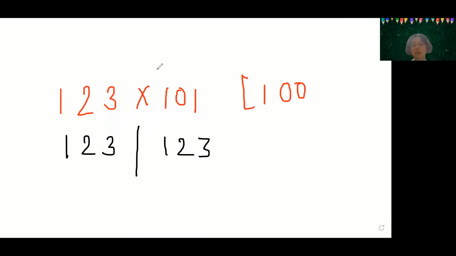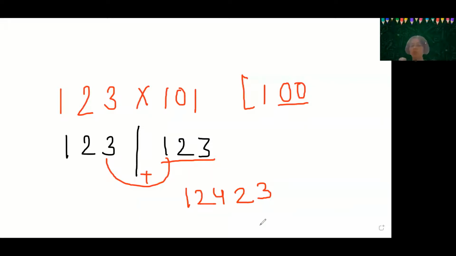So digits are 3 and zeros are 2. We should have as many digits as there are zeros. Only 2 digits must be there. So what will we do with 1? 1 will go for chain addition with 3. So the answer is 12423. I hope it is clear now. Aradhya, did you understand?